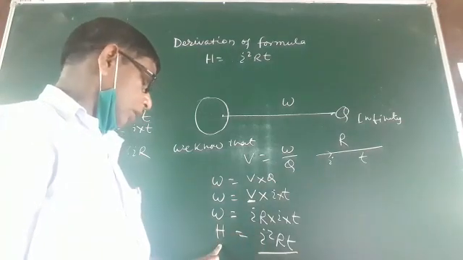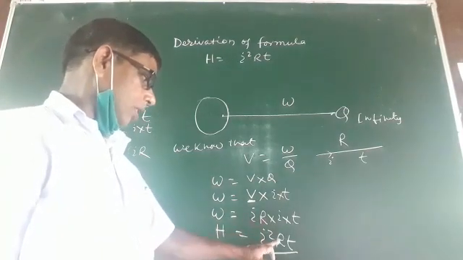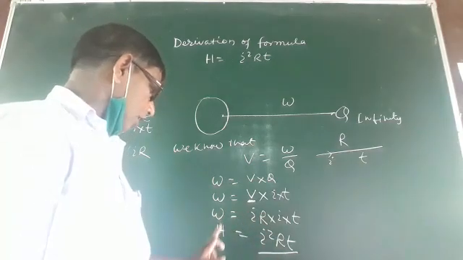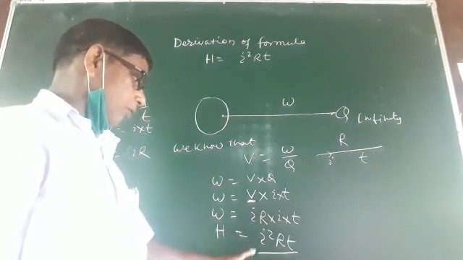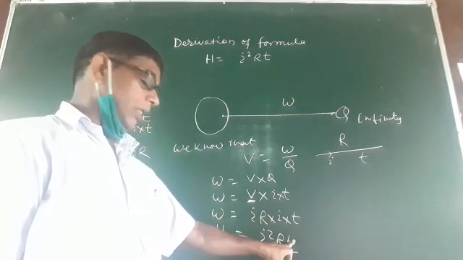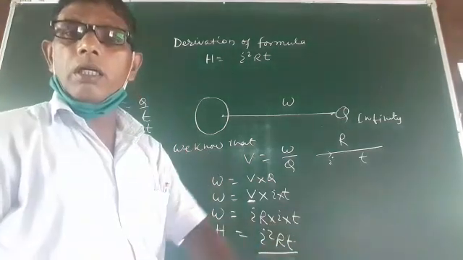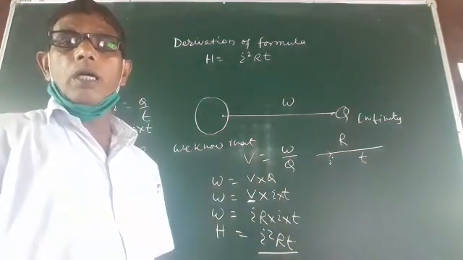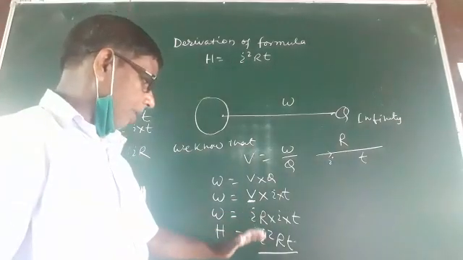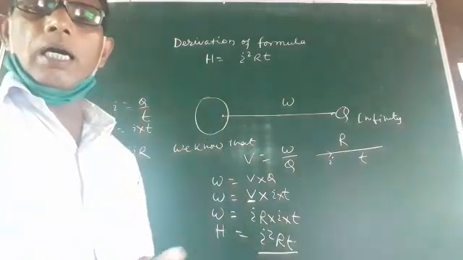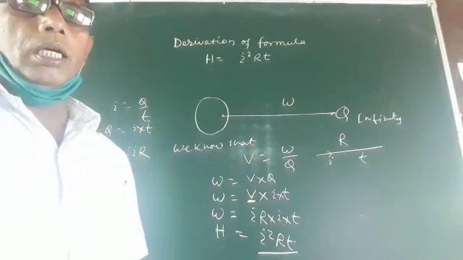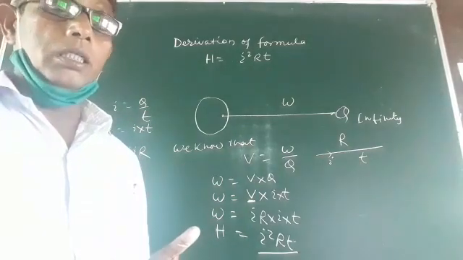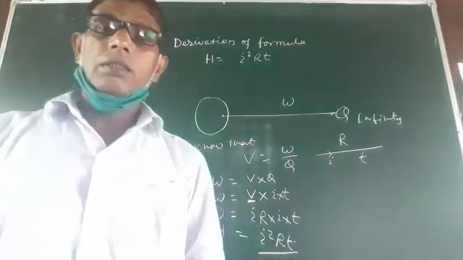Heat produced is directly proportional to the resistance of the conductor, and heat produced is directly proportional to the time of passing electric current. If we increase the time, more heat will be produced. So these are the factors which affect the heat produced in a conductor or heating system. Thanks, that's all.